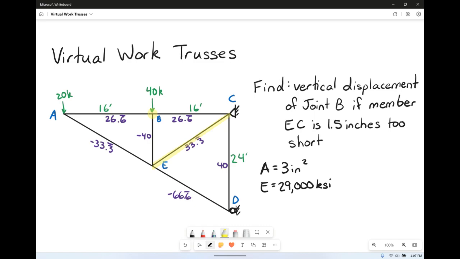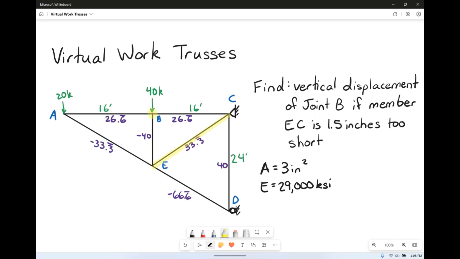Now, since this truss has an applied load to it, we're going to have to solve for both the vertical displacement of joint B due to force, and since it also has a little shortage on the design of EC, we're going to also have to find fabrication error.